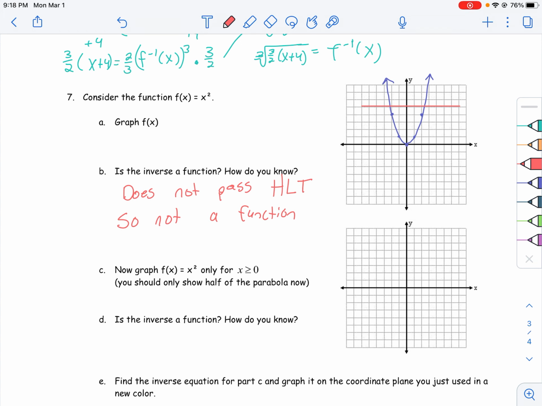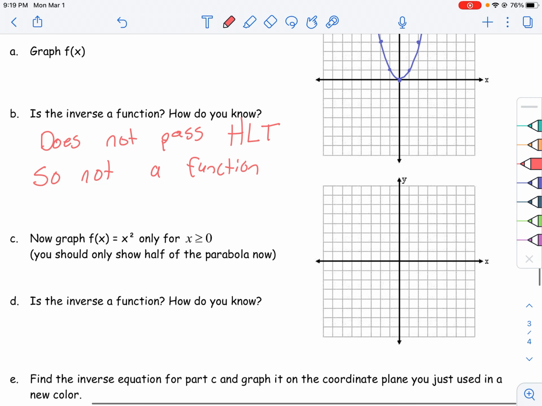It says next, now graph f of x equals x squared only for x greater than or equal to 0. So if you were paying attention, you saw this on the homework yesterday and were probably like, what even is that? This is telling us to restrict the domain to only the x's that are greater than or equal to 0.